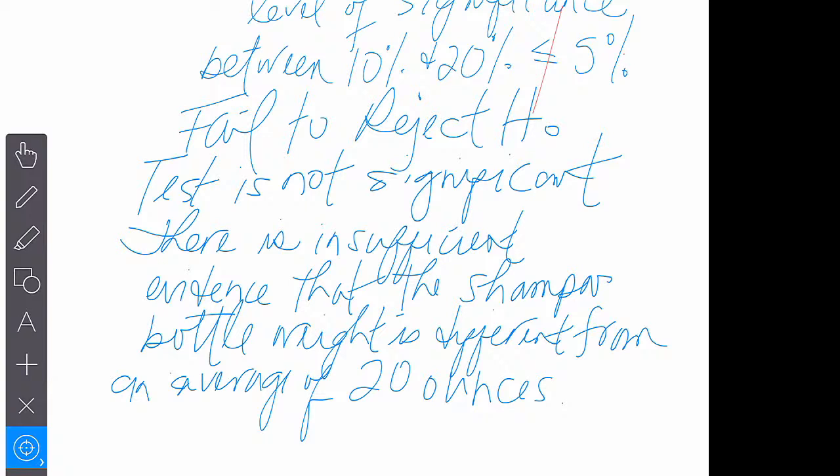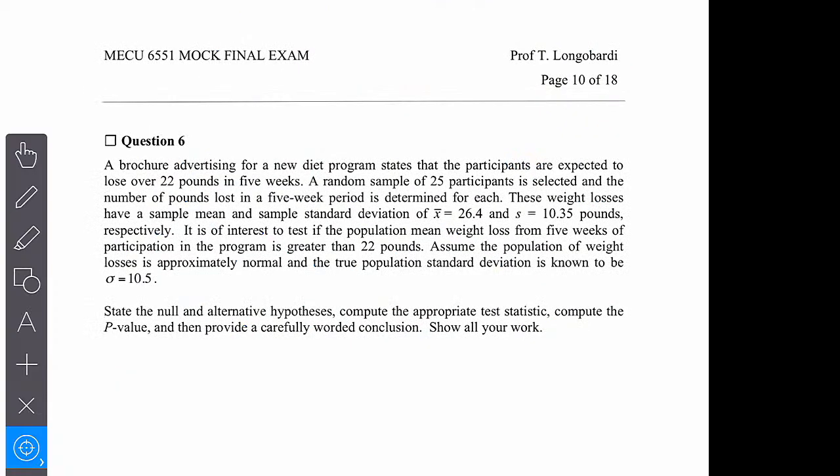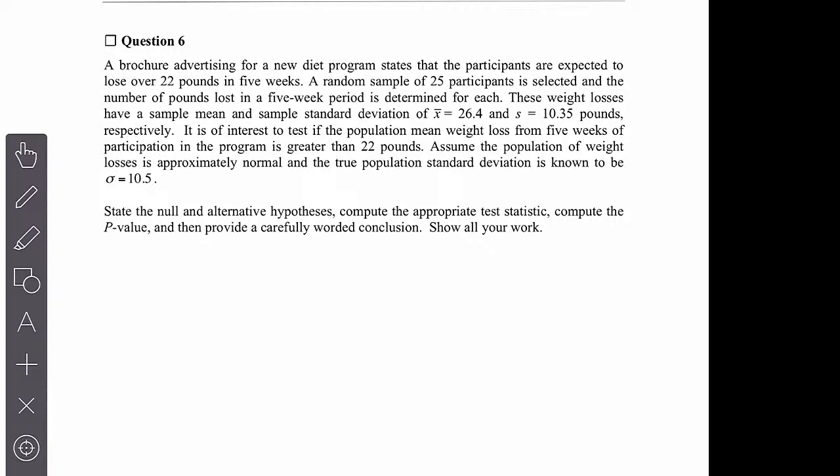All right. How about this one? So 2 more. A brochure advertising a new diet program states that the participants are expected to lose over 20 pounds in 5 weeks.